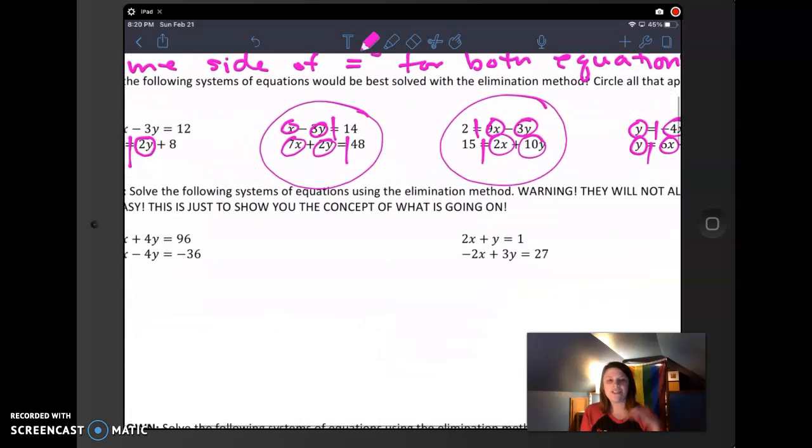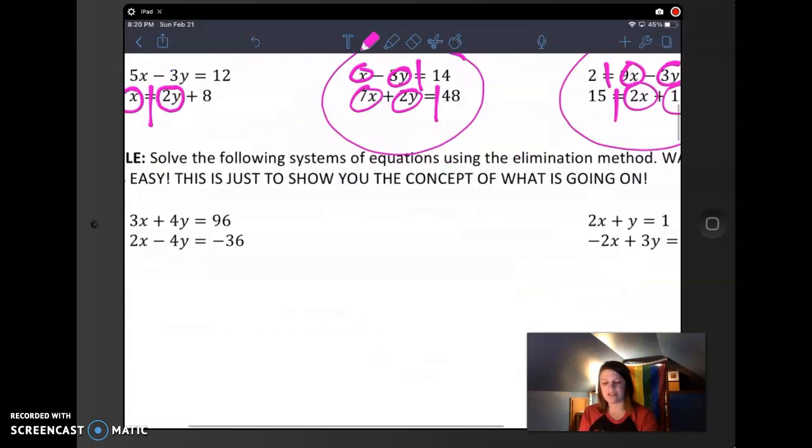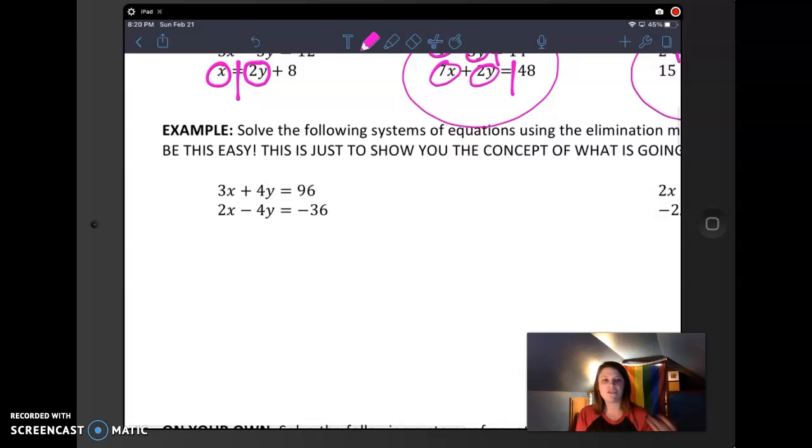All right, so let's just jump right into doing some equations. These first two examples are a lot easier than they will get. They will get much, much more difficult than this. But it's really good to see these easy ones because that'll help you understand the big idea of how these are solved.